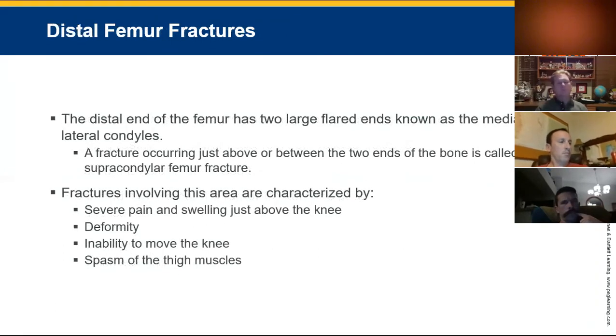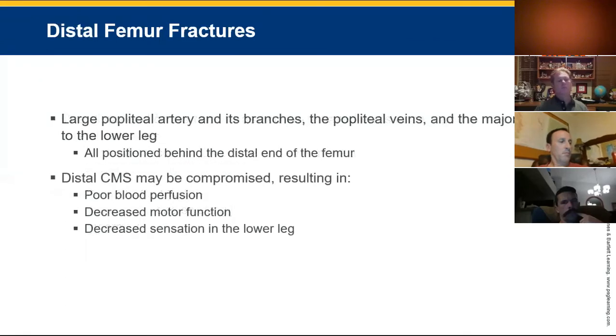Next. We talked about all of that. So always make sure you do your CMS when you're evaluating leg fractures, and we're checking that pedal pulse. Next.